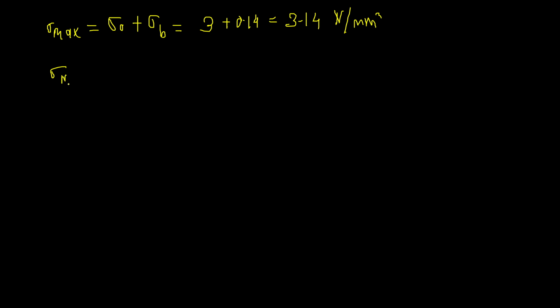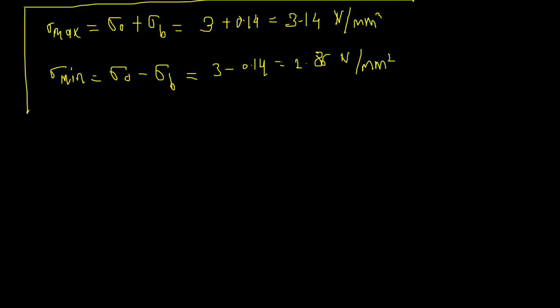Similarly, sigma minimum is equal to sigma naught minus sigma b, that is 3 minus 0.14, which equals 2.86 Newton per mm square. Okay, so these are the final values for this question. I hope it is clear.